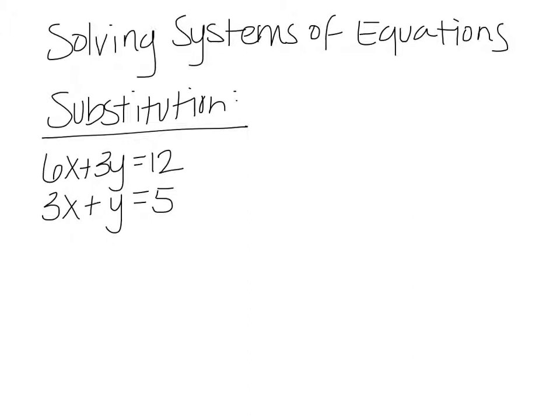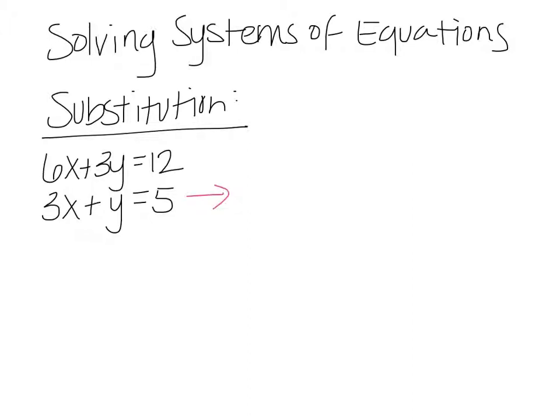And here's what I mean by a single variable. I mean an equation that has an x by itself or a y by itself without a coefficient. So looking at these two equations, do I want the top or the bottom? The bottom. And here's why I want the bottom.